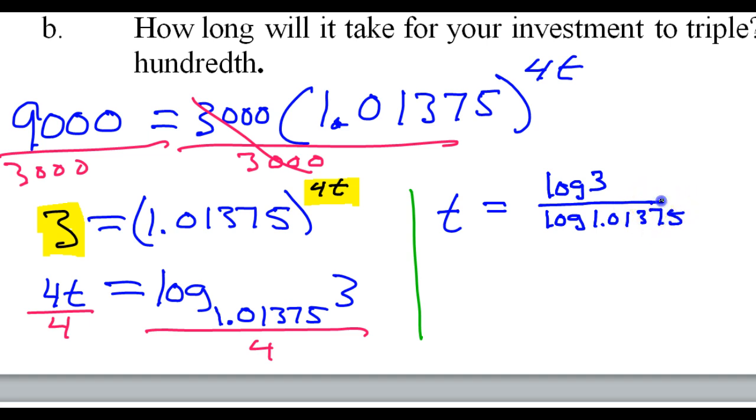But all of that is over 4, like a bigger fraction with a 4 in the denominator. So this is what we have to do to find t.